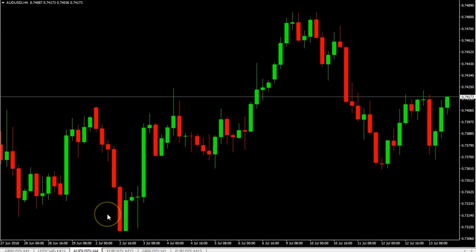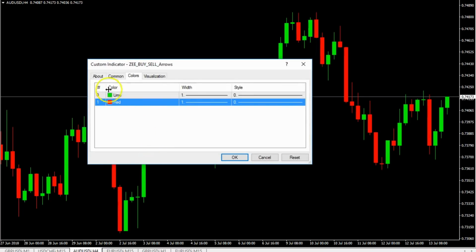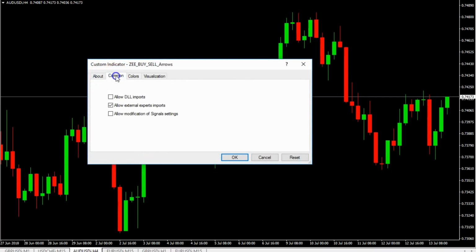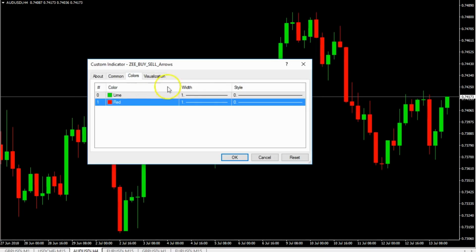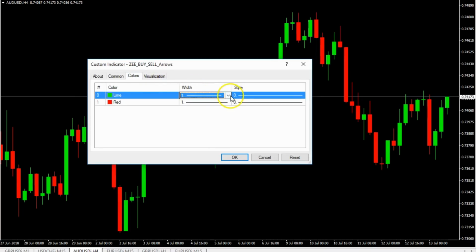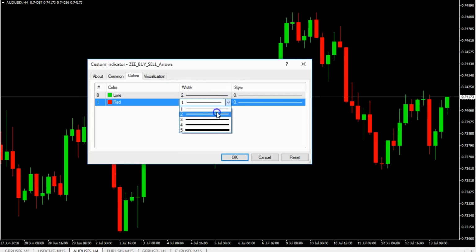The first indicator that I need is the Z buy sell arrows indicator, which I'm going to bring in here from my left hand side. Always check mark allow DLL imports, go to the colors, and if you wish you can make it slightly bigger, number 2, otherwise just leave it at number 1 and click OK.